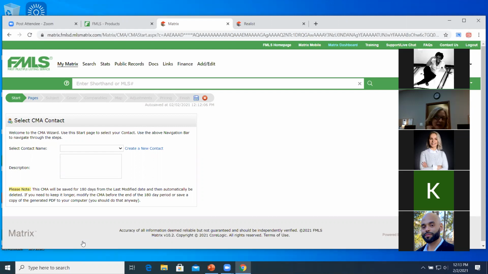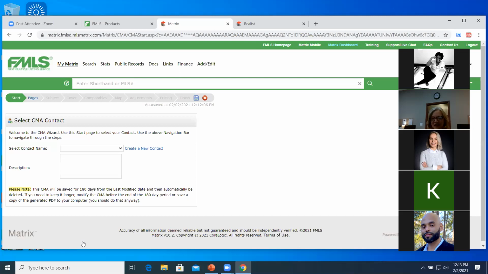But when I'm going to do a really nice presentation with a marketing analysis, then I'll use the CMA thing here. I've found that most people don't care how pretty it is as long as the information's accurate. They just want you to convey that you know what you're talking about and that you are the expert.